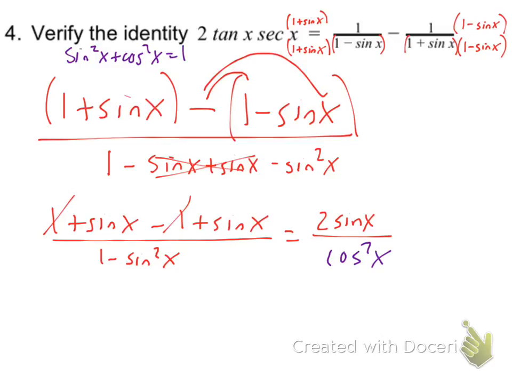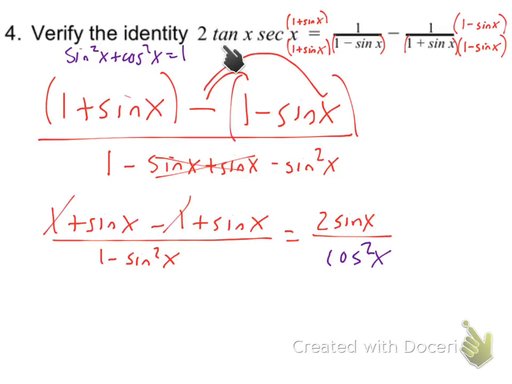Hey, look, guys. I want this, right? I want 2 tangent of x secant of x. Cool? There's a 2. I got a 2, guys. Hey, wait. Let's think ahead here. I need tangent.